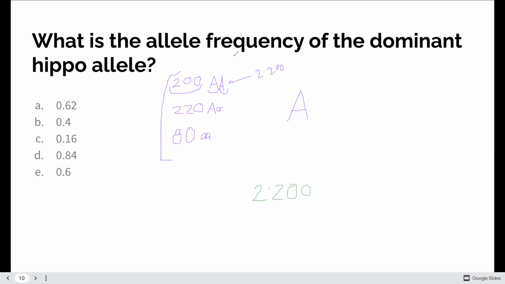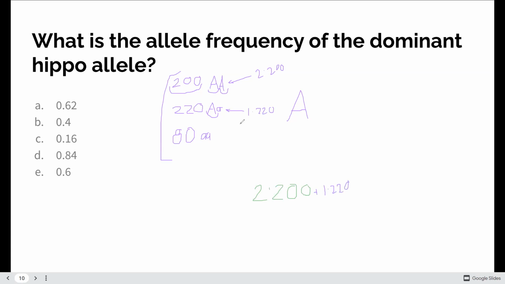And then we can add the number of times we see it in future genotypes. How many times do we see it in this genotype? Obviously, just the 1. And there are 220 individuals that have this single A. So we have 1 times 220, and we add them together.